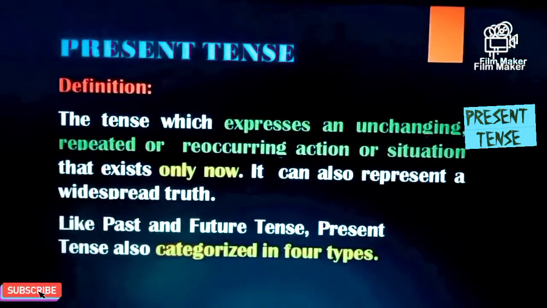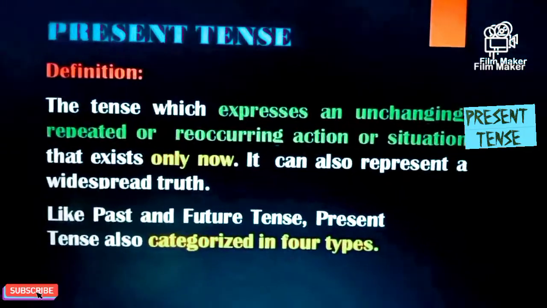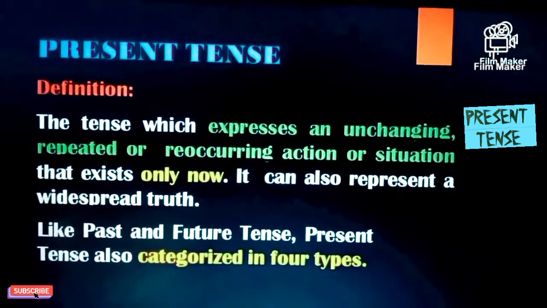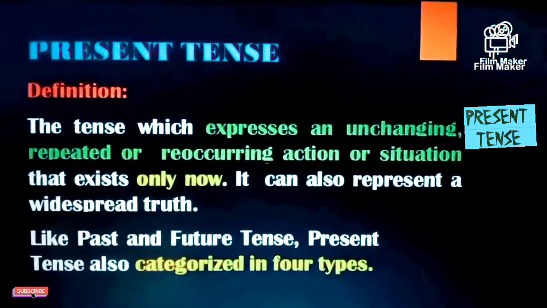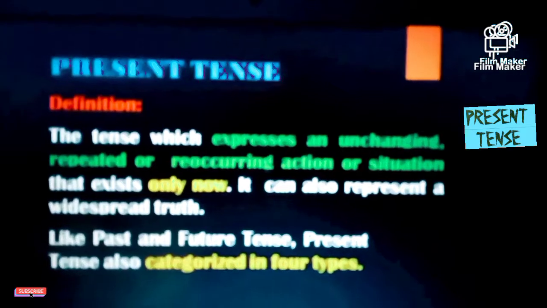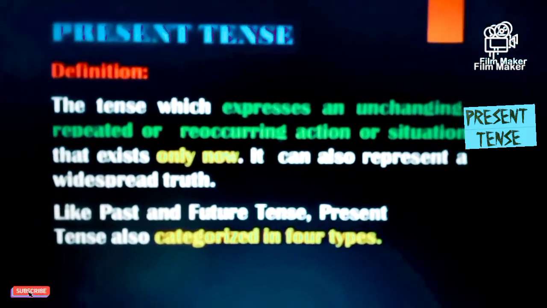In the present tense, if you take a look at the definition, it is the tense which expresses an unchanging, repeated or recurring action or situation that exists only now. It can also represent a widespread truth.